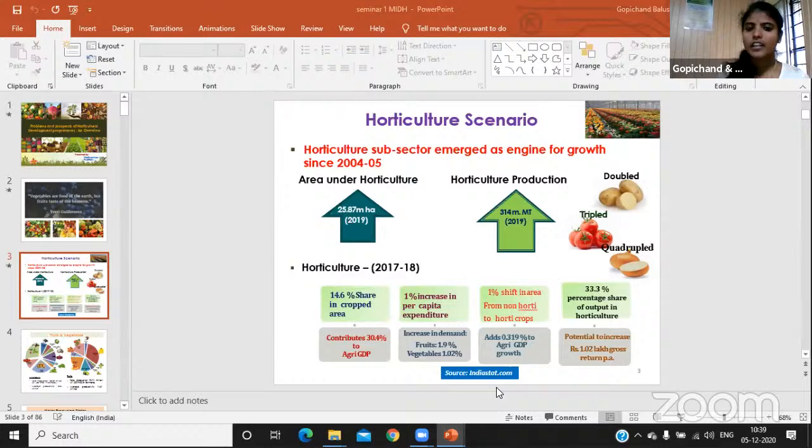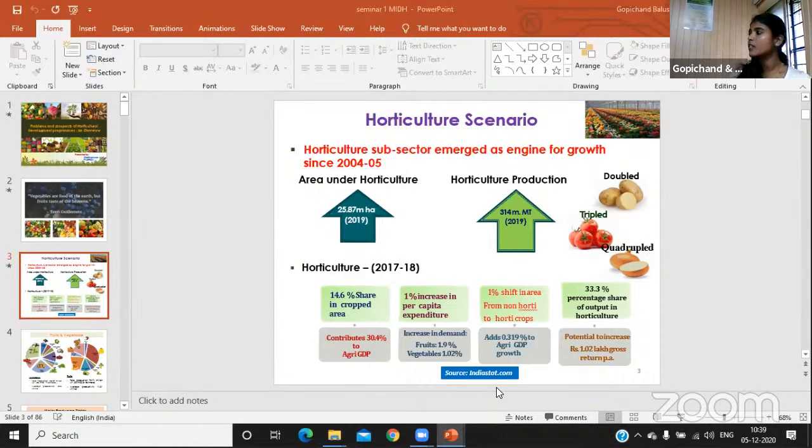During 2017-18, 14.6% of the cropped area has been contributed by horticulture, and 1% increase in per capita expenditure has been contributed from horticulture, and a 1% shift from agriculture and non-horticulture crops to horticulture crops has been observed in 2017-18. A 33% share of output is in horticulture, and horticulture contributed 30.4% to agricultural GDP.